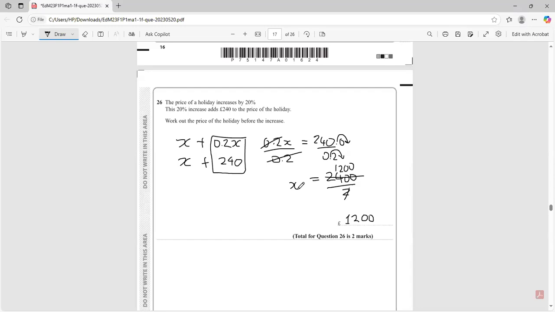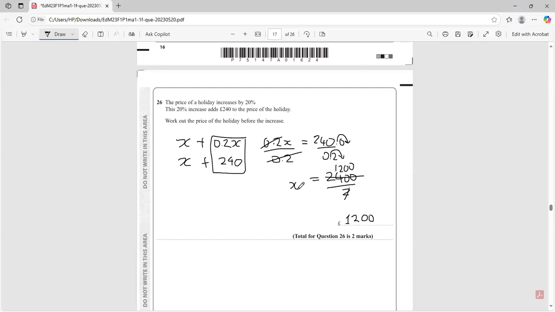So did you notice something? This question is a tricky question. I can bet you more than half of the people who answered this question would have said X plus 0.2x equals 240. But can you see that that's not what the question said? The question didn't say the new price is 240.